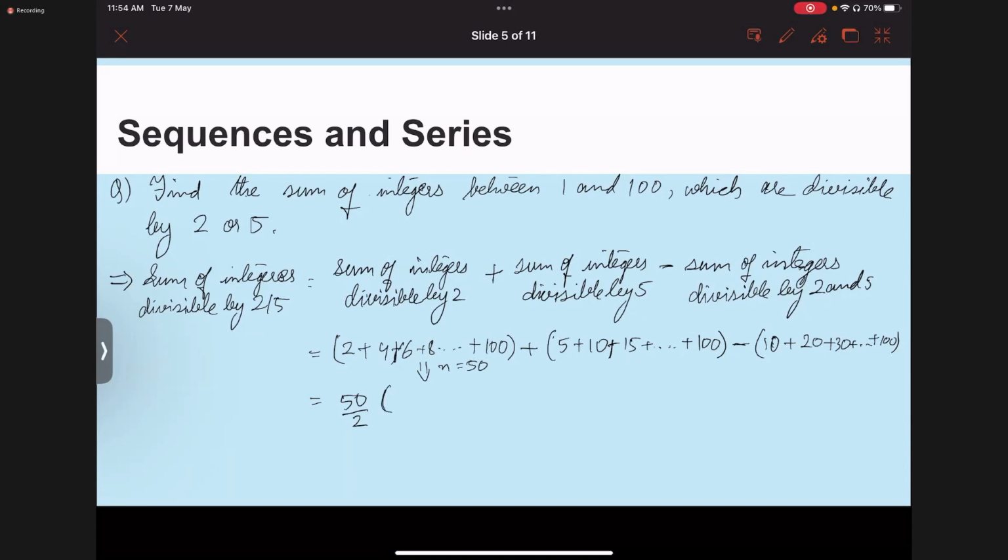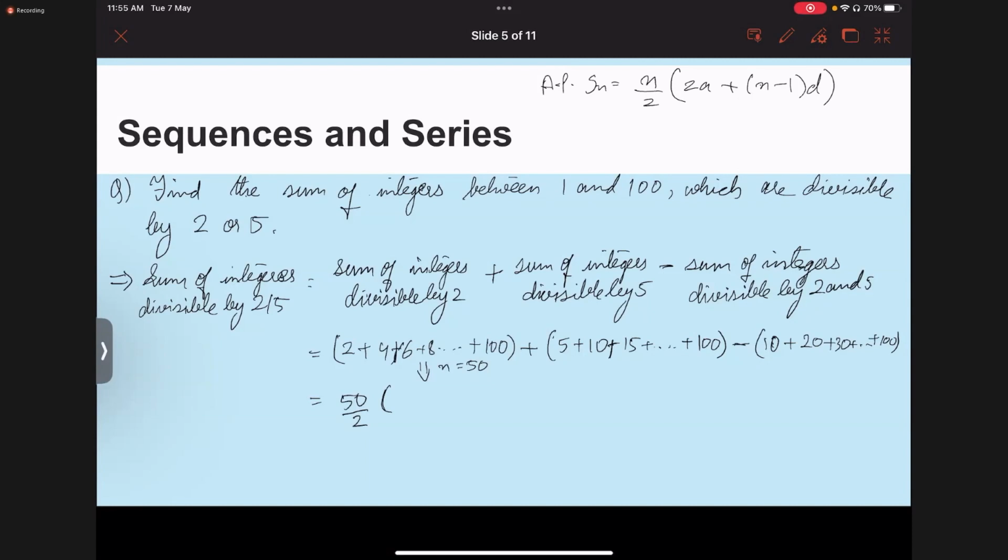Now this is an arithmetic progression, all of these are arithmetic progression in nature. So we will use the sum formula for the arithmetic progression. Over here, your first term is going to be 2. The formula that we have for AP is n by 2 into 2a plus (n minus 1) d.